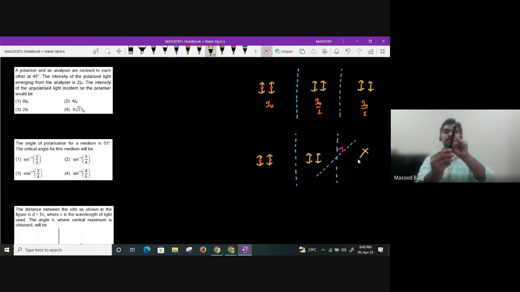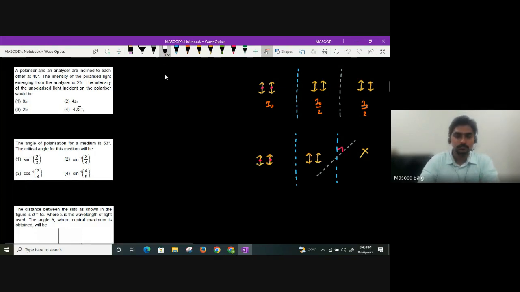As you rotate the analyzer, the transmission axis will rotate, and for two positions you will have minima, dark fringes, and for two positions maxima, bright fringes. Clear, all of you? That was the situation you need to know.